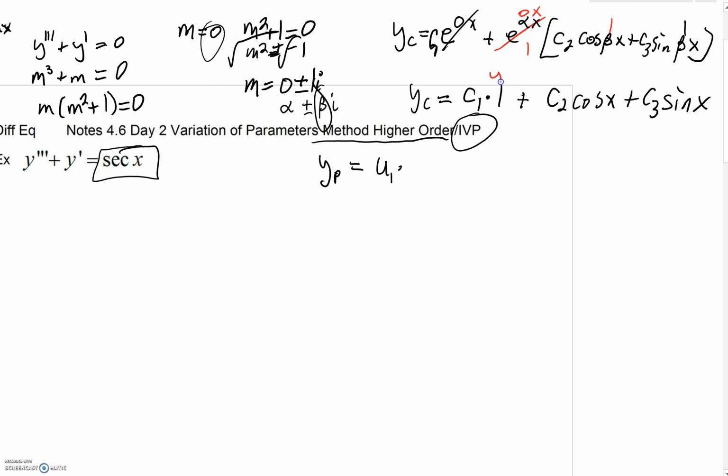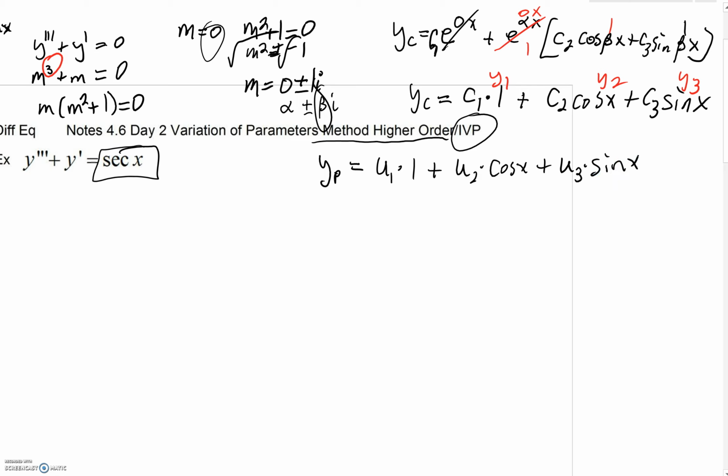And that's why I wrote a 1 right in here. We had 3 distinct solutions, that's with that m to the third right there, when we were solving that. So we've got some function of x times 1, some function of x, we could call that u2, times the cosine of x, some function of x, u3, times the sine of x.